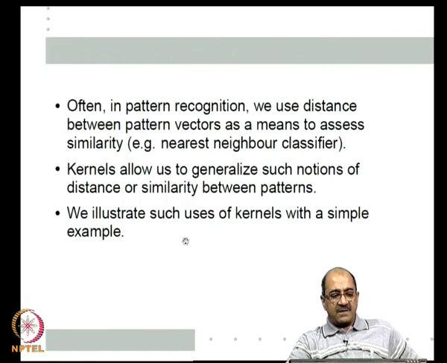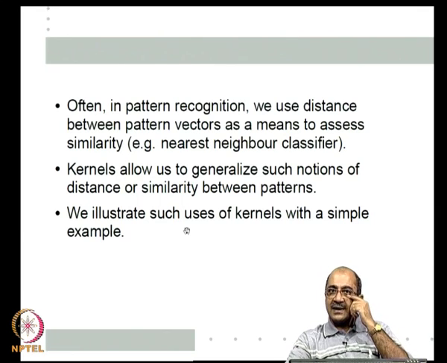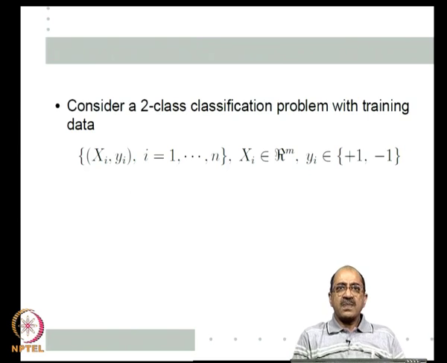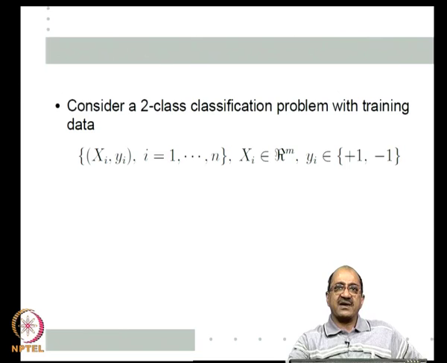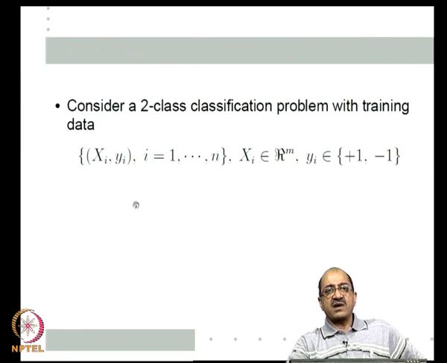We will look at this with a very simple example to see how kernels can be used in a nearest neighbor classifier. Let us take, as usual, a 2 class classification problem. Let x1 y1 to xn yn be the samples, where the classes are +1 and -1, and the feature vectors are in Rm.